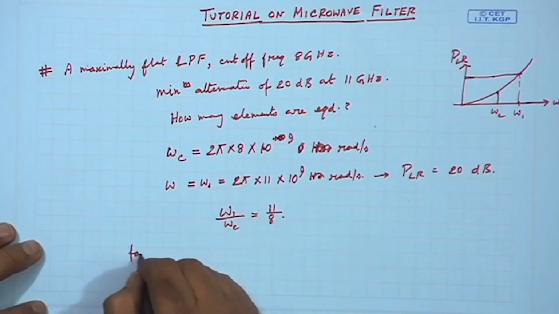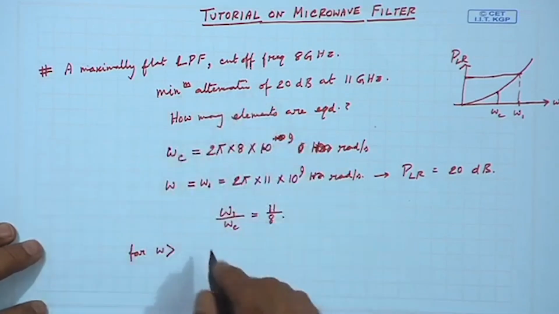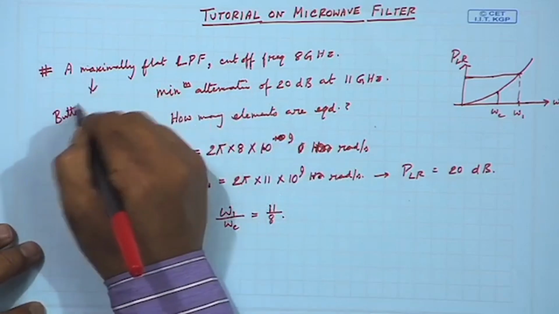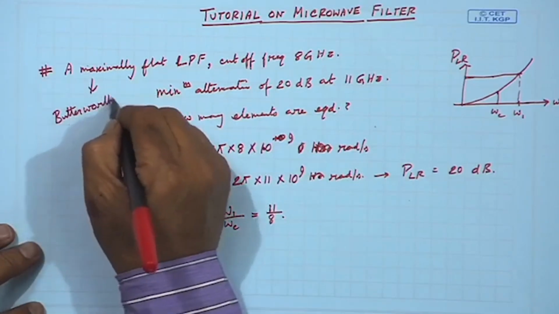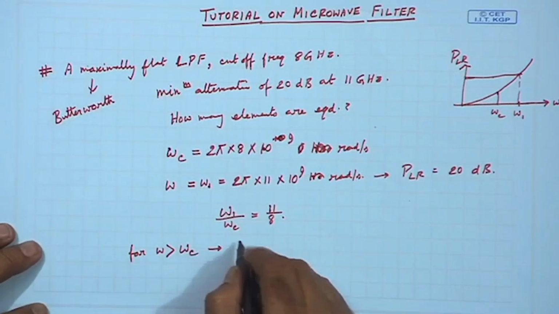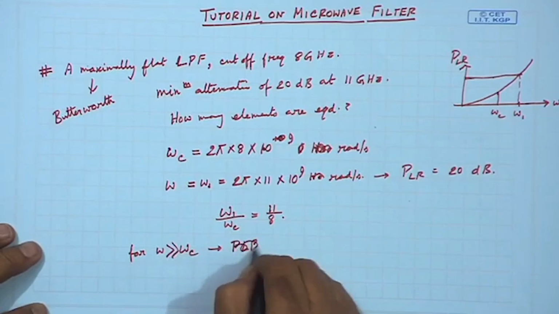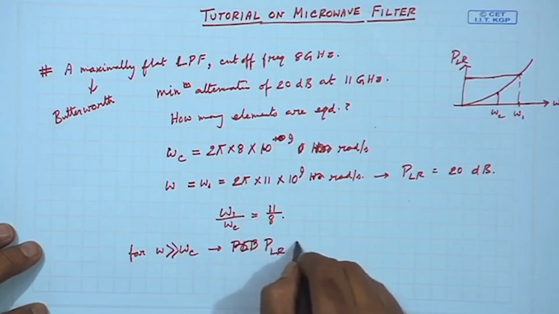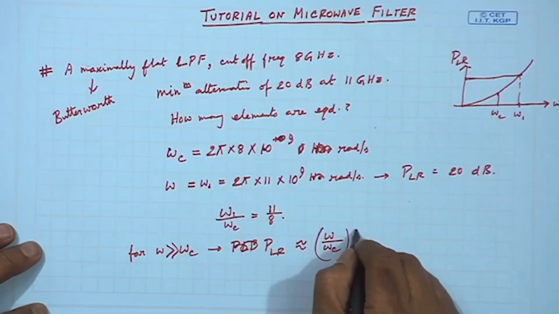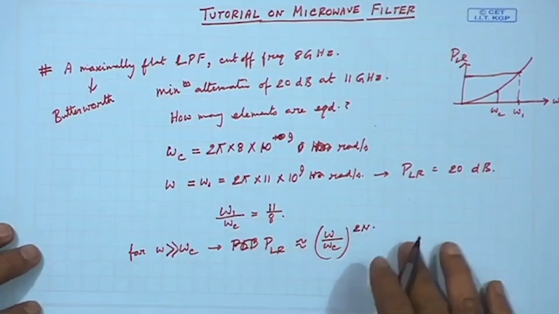We know that this is a maximally flat response, it is actually the Butterworth function we can use to synthesize. So, for omega greater than omega c, we know that PLR can be approximated as omega by omega c whole to the power 2n. That means one term I can neglect.